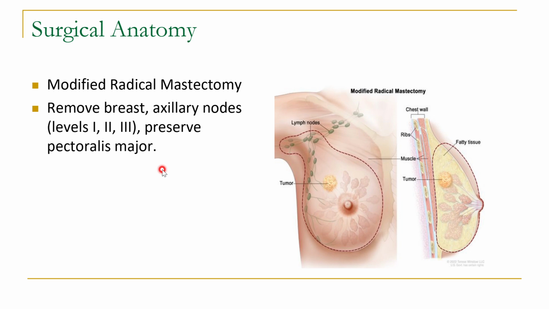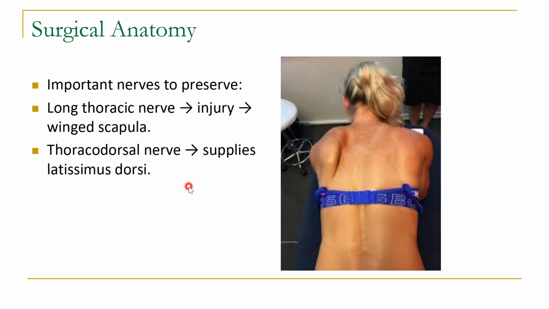Coming to the surgical anatomy, if they detect a mammary carcinoma, they usually do a radical mastectomy or modified radical mastectomy. In radical mastectomy, they remove the breast, axillary lymph nodes, and also the pectoralis major. Whereas in modified radical mastectomy, they preserve the pectoralis major muscle.